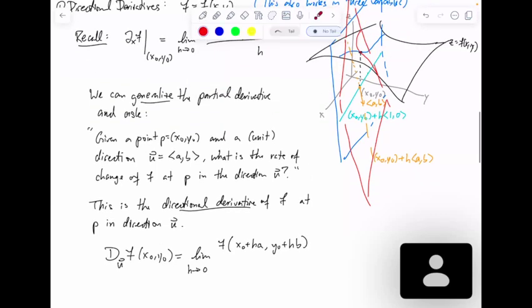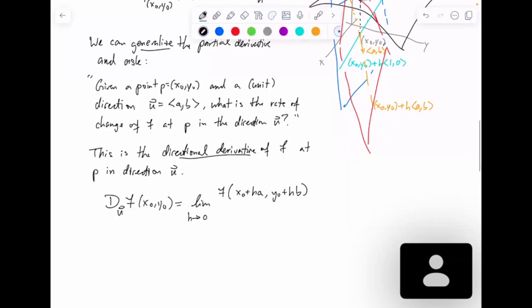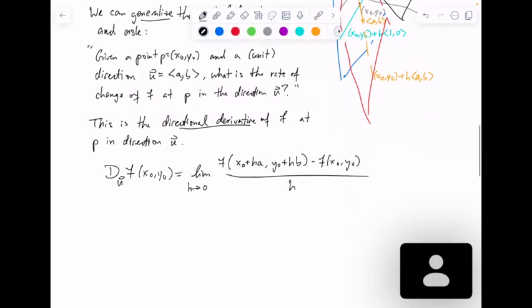This is f evaluated along this line, right? x naught plus ha, y naught plus hb gets you somewhere on this orange line, and you evaluate f here, and that's going to get you somewhere on this red intersection. And you want to take the difference quotient with respect to this. We'll subtract off the base point, and you divide out by h, and you take this limit. All right, so this is the definition of directional derivative.